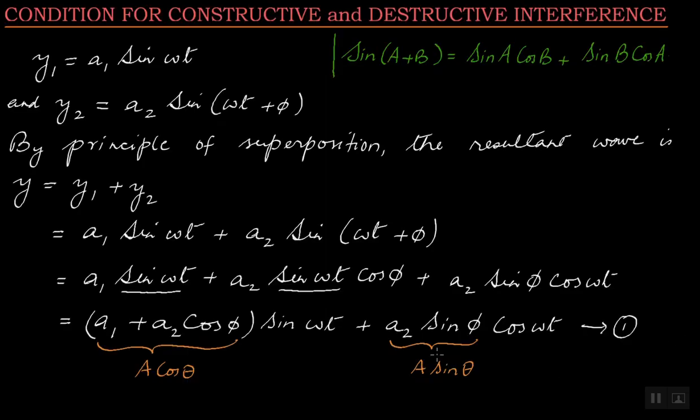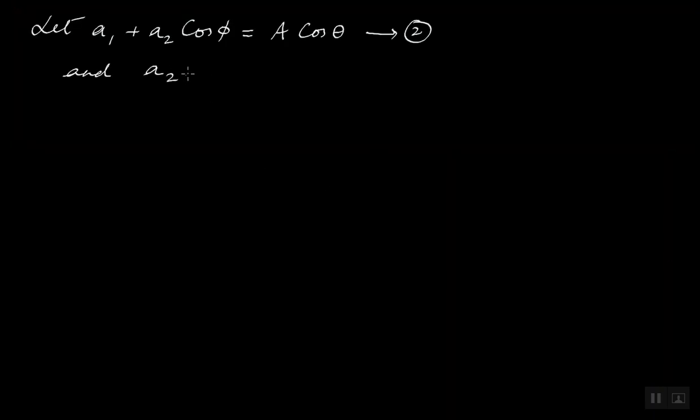Let a1 plus a2 cos phi be equal to a cos theta. Let's call this equation 2. And let's see, what is the second one? a2 sine phi, let this be a sine theta. Call this equation 3.